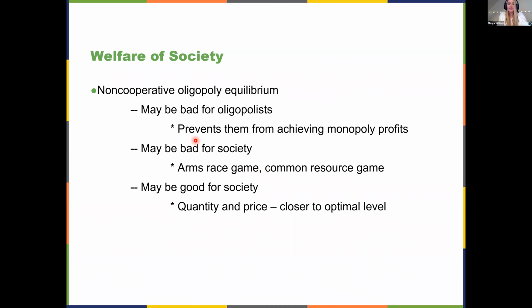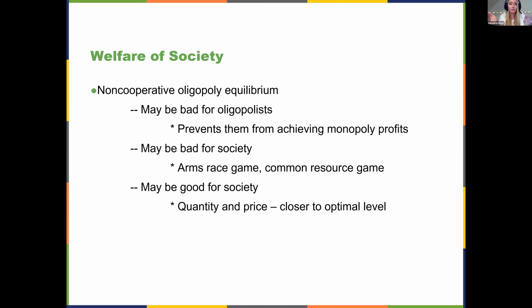But at the end of the day, non-cooperative oligopolies may also be good for society, depending, again, on the industry and the firms that we're talking about. It may be good for society because we found that cheating oligopolists end up more closely looking like perfectly competitive firms. So if oligopolists stick to agreements and they collude with one another, they end up with a monopoly outcome.